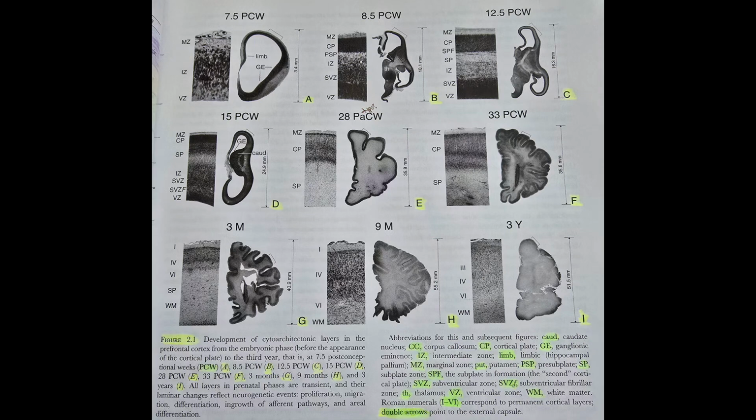As seen on Nissl-stained histological sections, massive waves of migratory neurons together with rows of glial cells form a transient sublayer within the superficial SP subplate, figure 2.1d, of the human prefrontal cortex, which was first noted by von Economo and Koskinas, 1925.